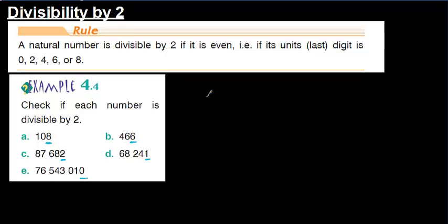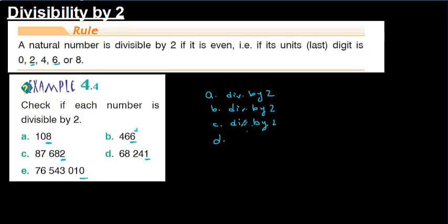Okay, A1, I'm checking 108, the last digit is 8, so it is divisible by 2. B1 is divisible by 2 because the last digit is 6, and here it is 6. And C1 is divisible by 2 because the last digit is 2, and it is one of the members of this group.